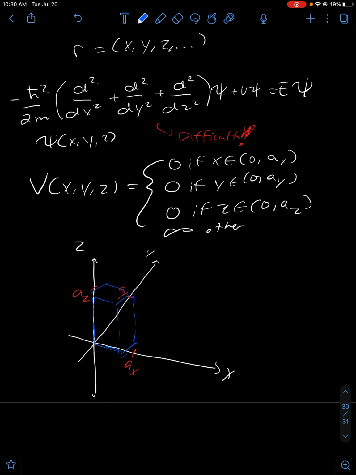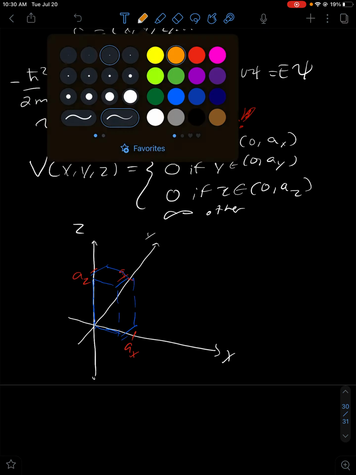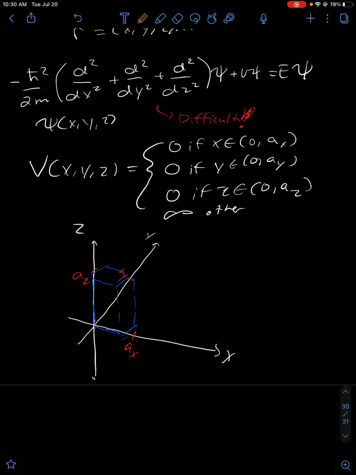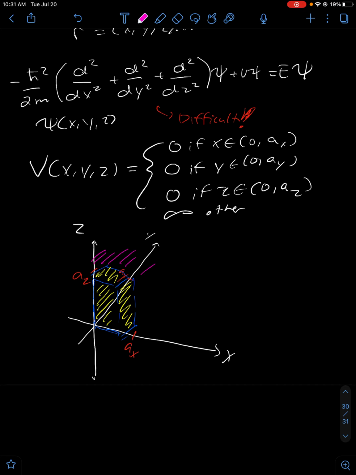Okay? And inside of this prism, let's use yellow, the potential is going to be 0, but outside of the prism, the potential is going to be infinite.